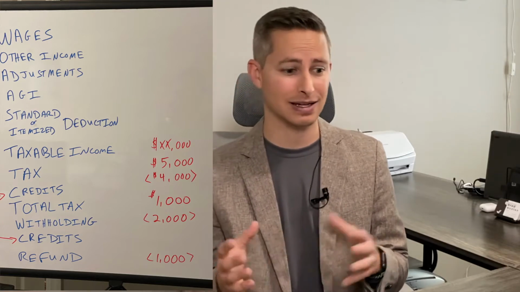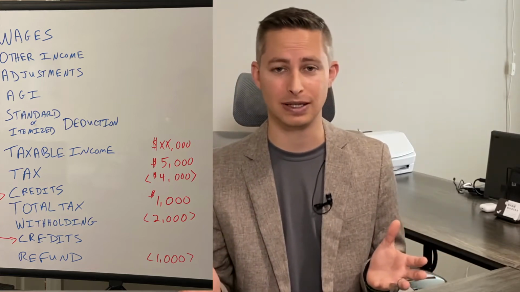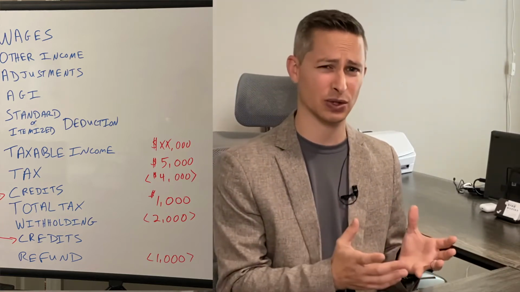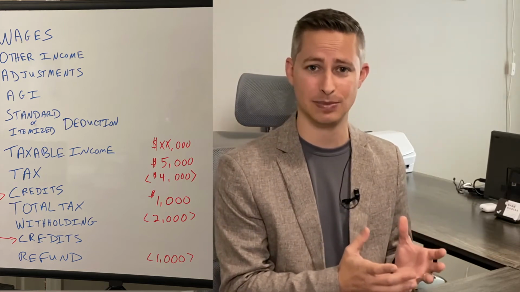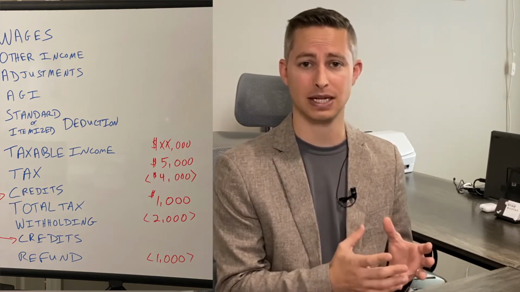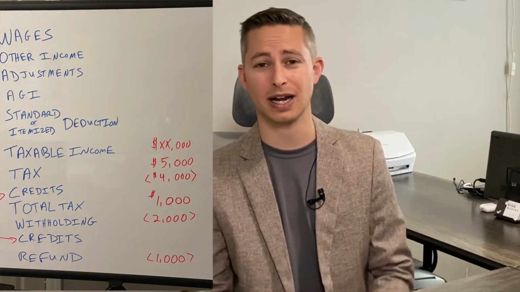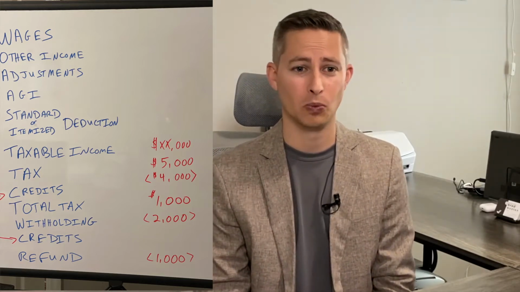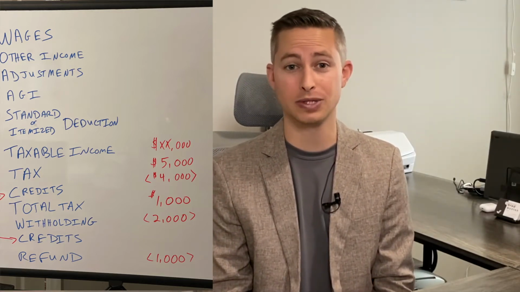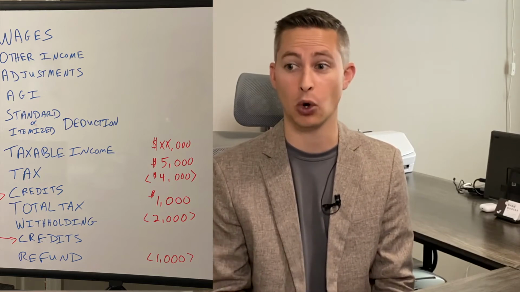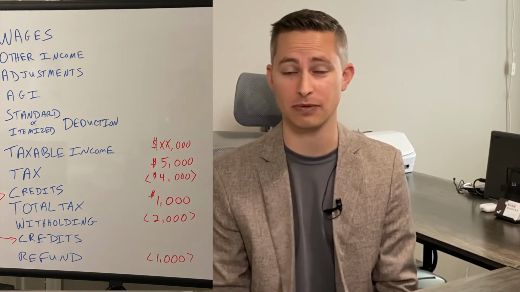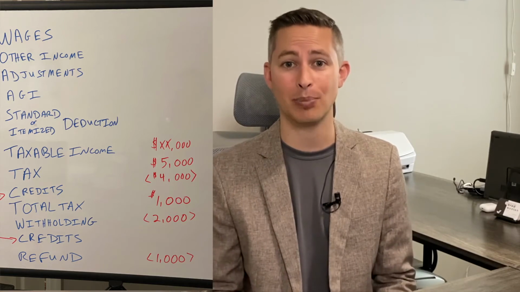Your CPA didn't do anything any better than before because you still owe $1,000 of income tax. That's your ultimate income tax liability, but you feel better because you got a higher refund. Well, that's pointless. All you did was withhold more money out of your own paycheck, give it to the government for an entire year, and now you're getting it back.